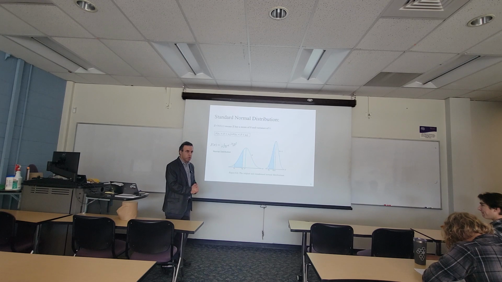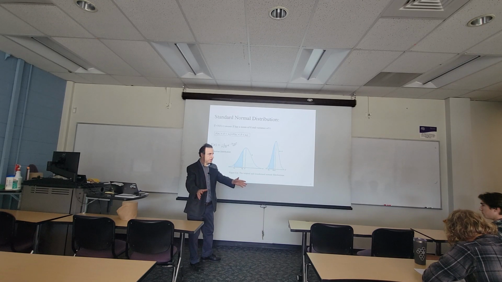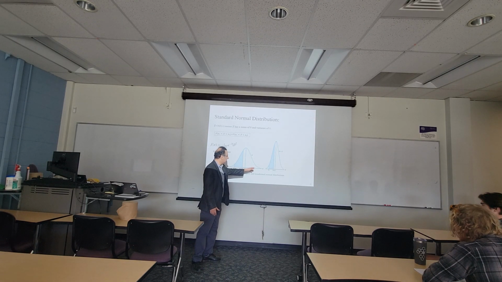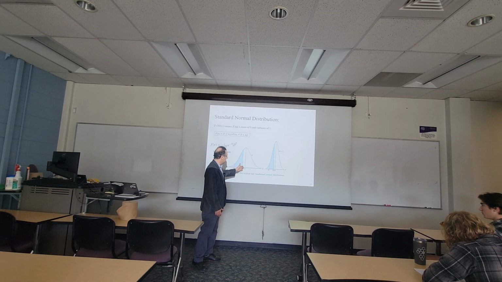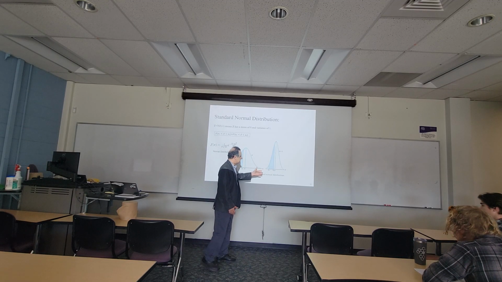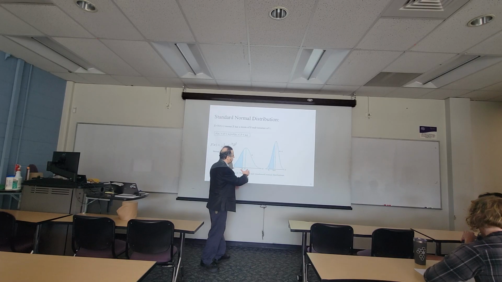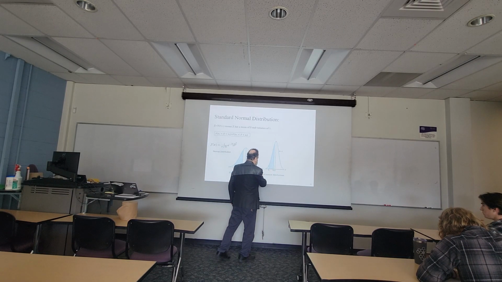In the standard normal distribution, this is the average of your data points, and you may set the USL, upper limit, and lower limit. But if you want to find the probability of a sample within a certain range, it's better to transform it to a standard normal distribution.